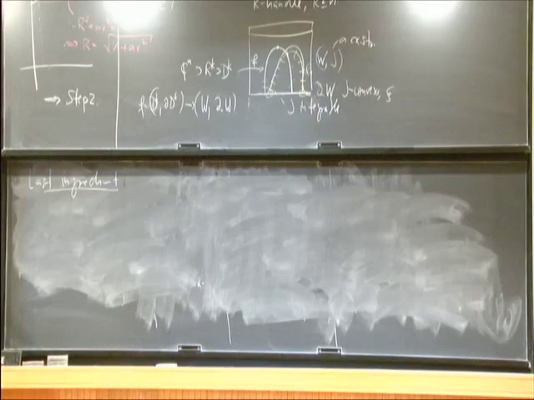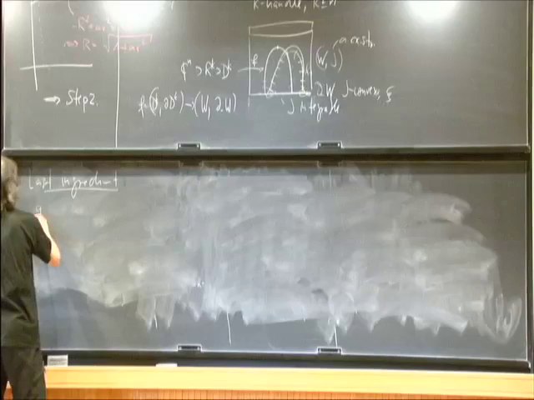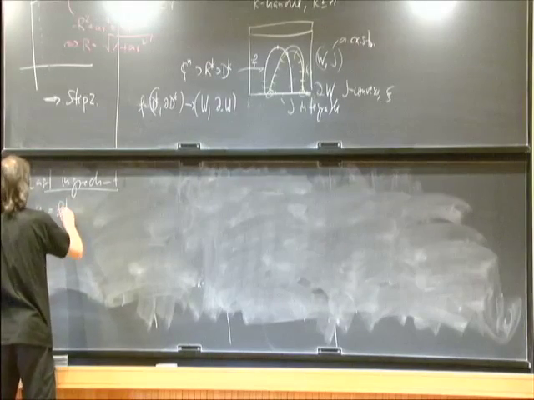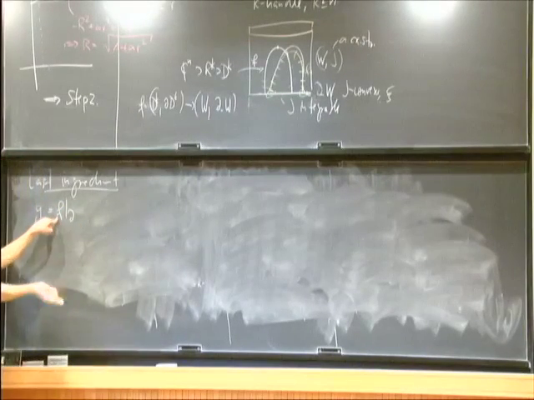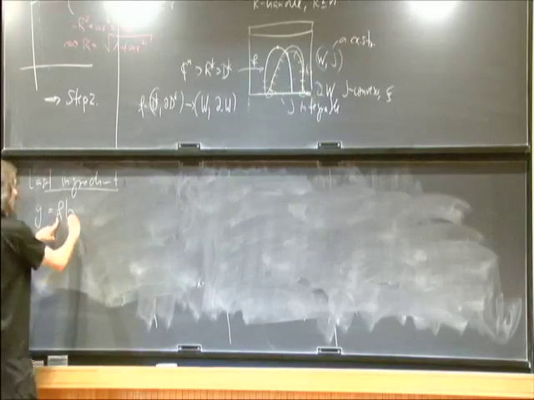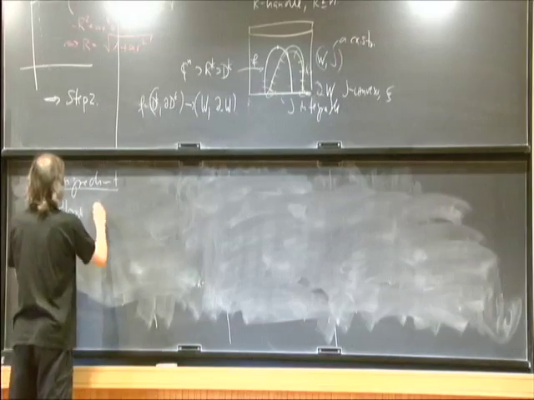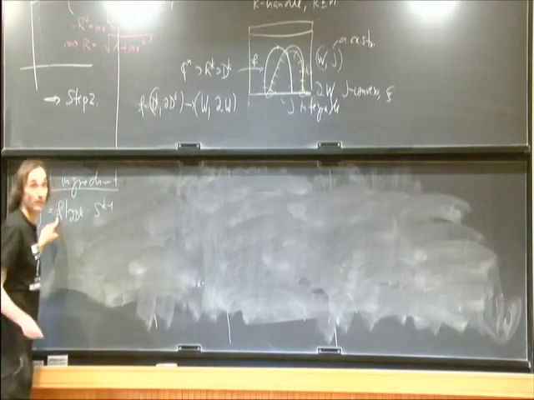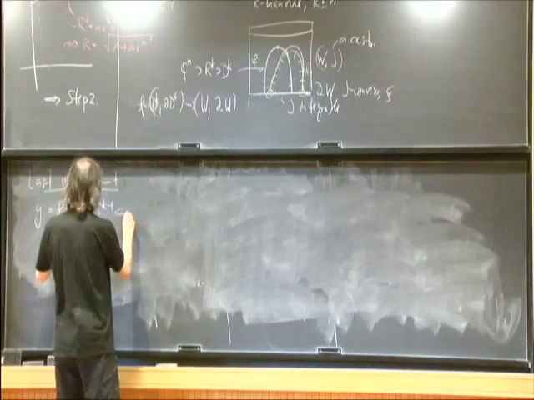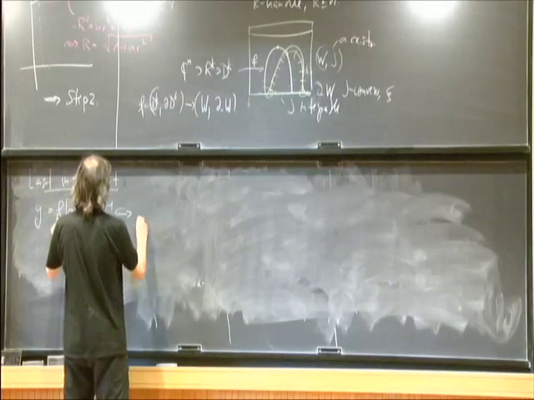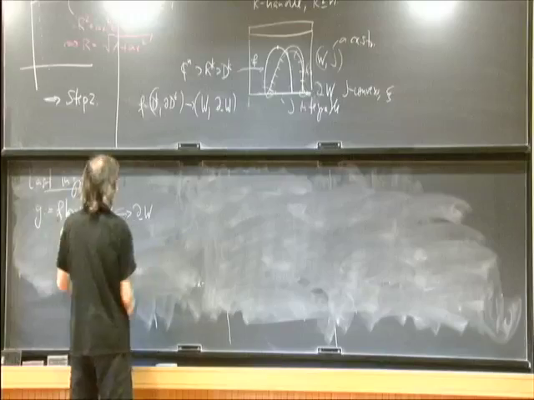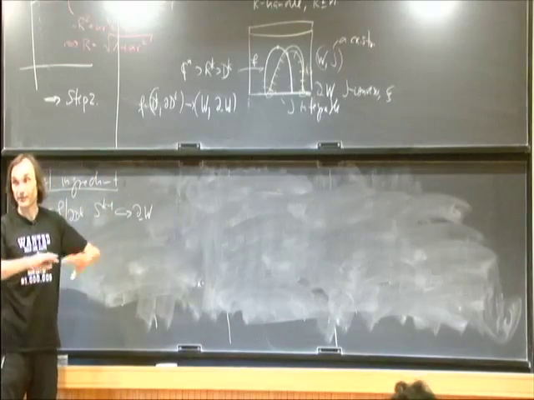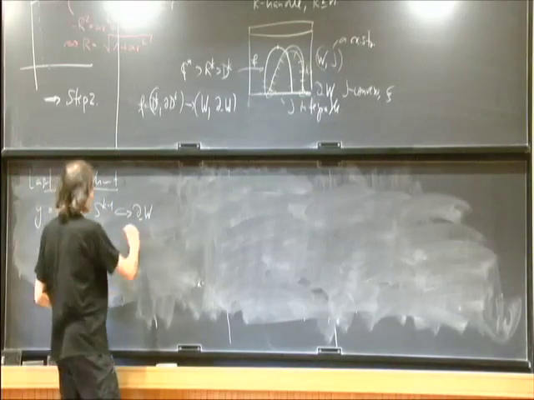So let's look at the boundary map. I'm just switching back to the original F. So this is a map from the k-1 dimensional sphere into this level set.